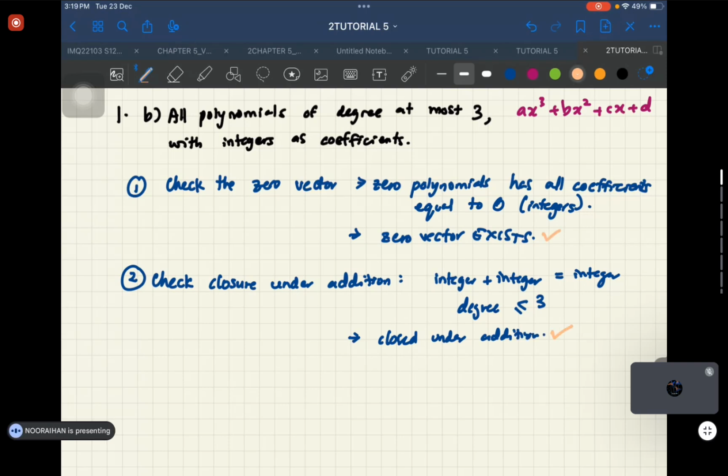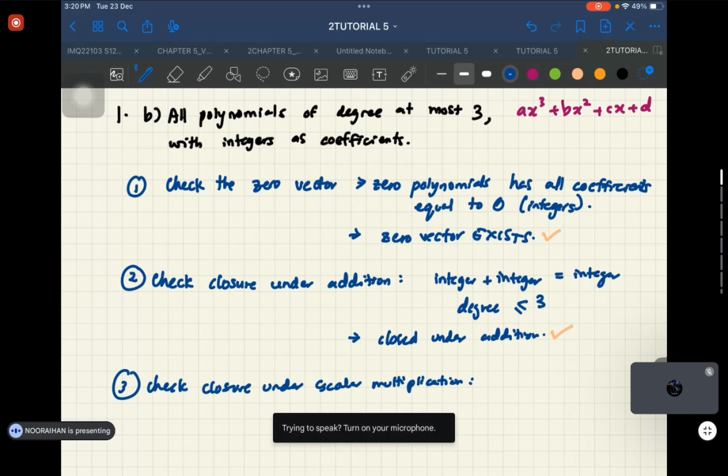Okay. Number 3. Check closure under scalar multiplication. In this course, scalars are real numbers.